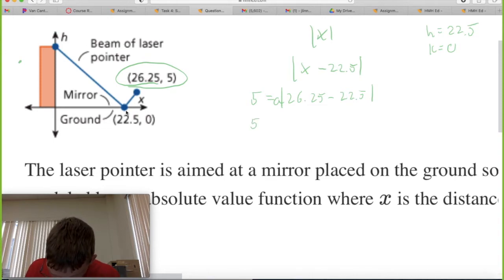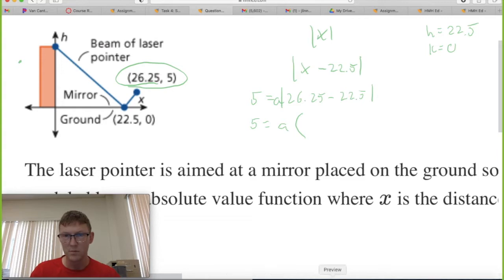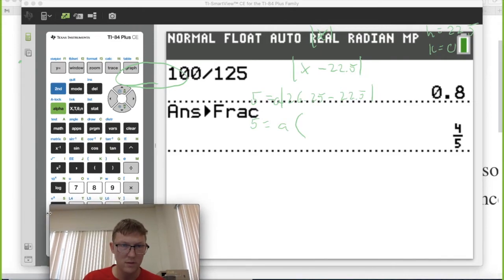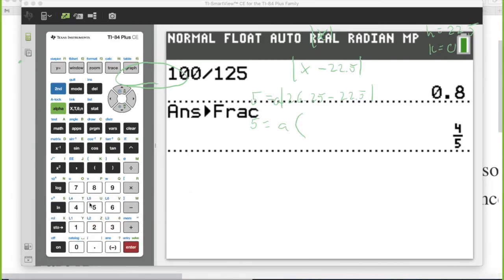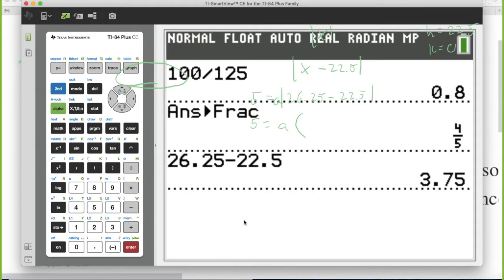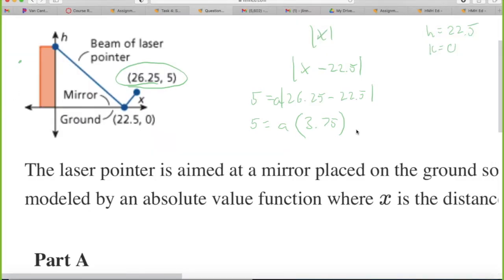So then our 5 is equal to a, and I'm changing that parentheses because I'm doing the math on the inside of there. 26.25 minus 22.5. I'm so good at basic arithmetic. I'm sure most of you probably figured that out in your head. If you did, great. I'm proud of you. If you didn't, that's okay. We can be bad at arithmetic together.